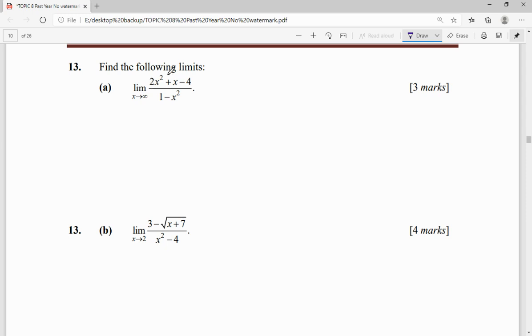The method to solve this IDF is we're going to divide by the highest power from the denominator. So our highest power from this denominator is x power of 2. So for every term of it, we are going to divide by x power of 2.